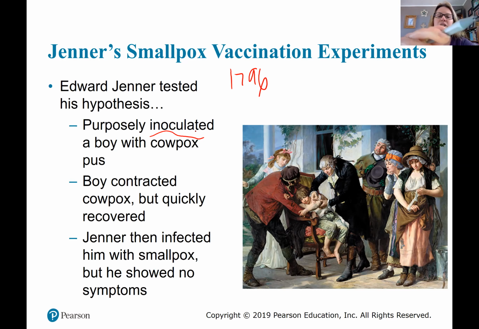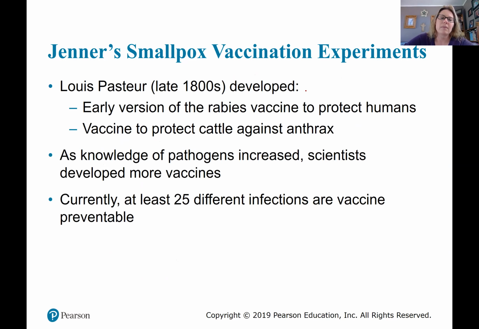Vaccination comes from the Latin word vacca. The Spanish word has one C, this one has two, and that's because of its link with cows. So that's how vaccination got its name. Then further into the microbiology golden age, Louis Pasteur developed a couple of the first vaccines.